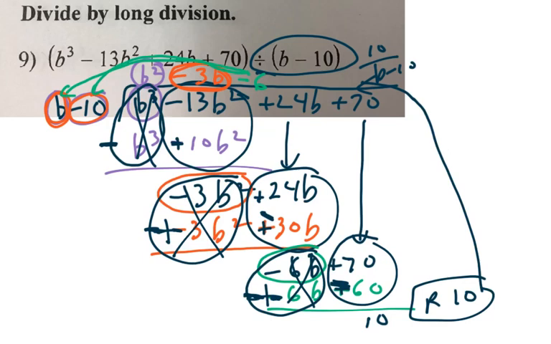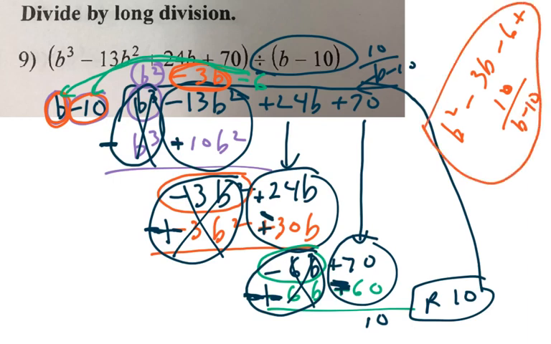So I'm going to write sideways here, guys. So if you look carefully, my final answer is going to be b squared minus 3b minus 6 plus 10 over what I divided by, b minus 10. Pause the video if you need to.